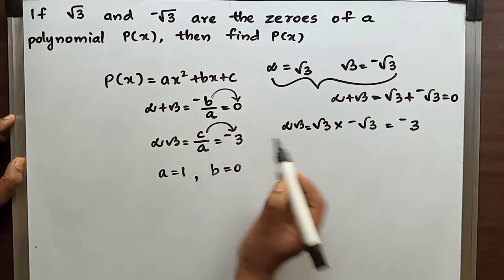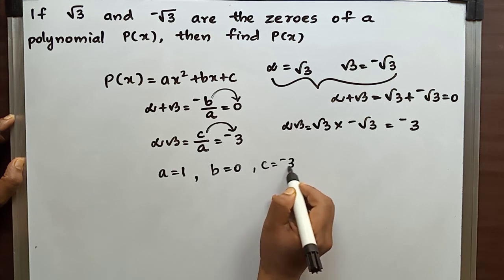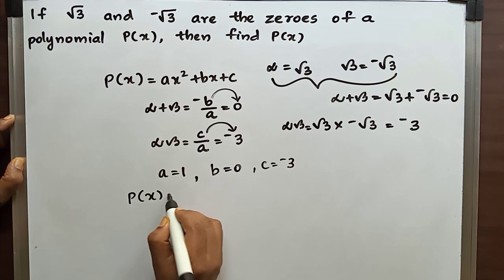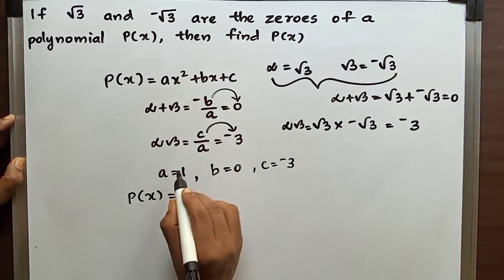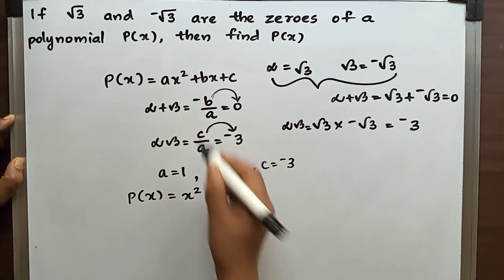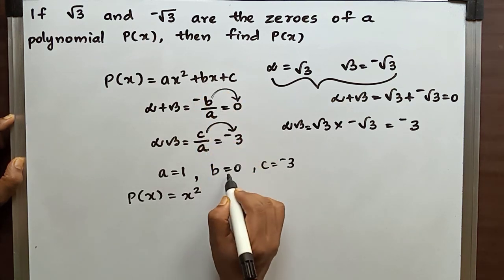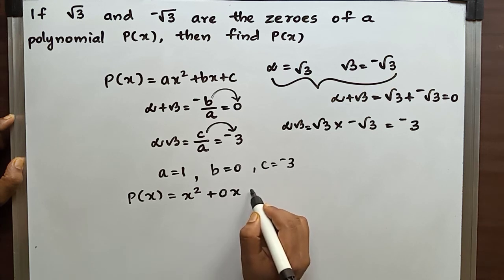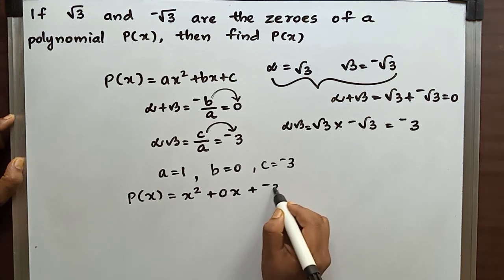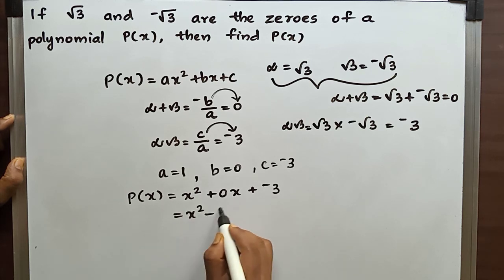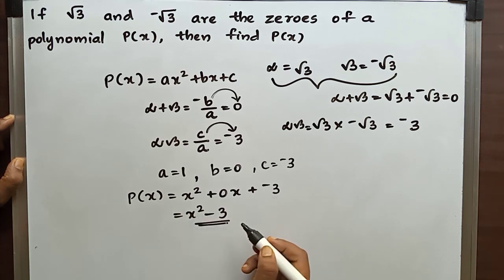C is minus 3. Okay, so what is our polynomial? P of x is equal to ax square. A is 1, so 1x square is x square plus bx. B is 0, so 0x plus c. C is minus 3. So finally it is x square minus 3. This is the required polynomial.